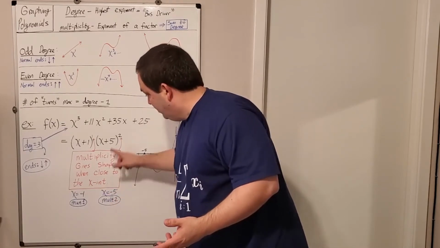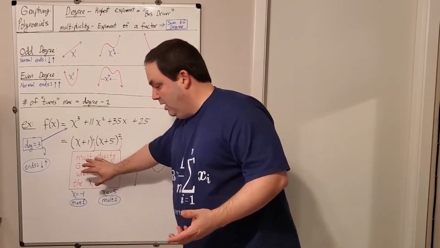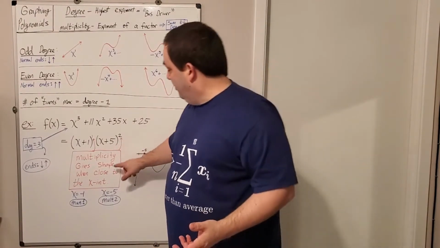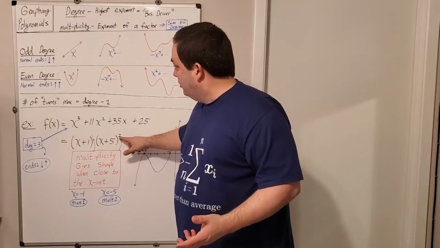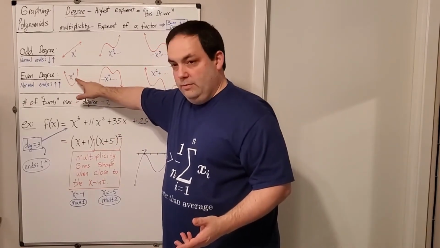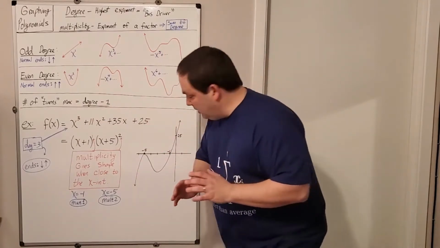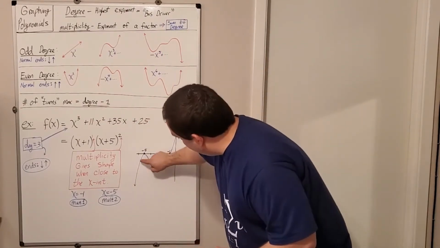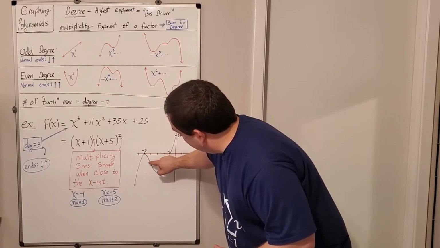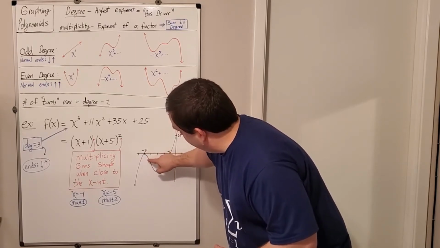The multiplicity is 2 on that one. So the shape really close to that x-intercept is going to be that of an x squared, which has a parabolic type of shape, but just in a small neighborhood. So notice, just in a small neighborhood here, I get this little parabola-looking shape right here.